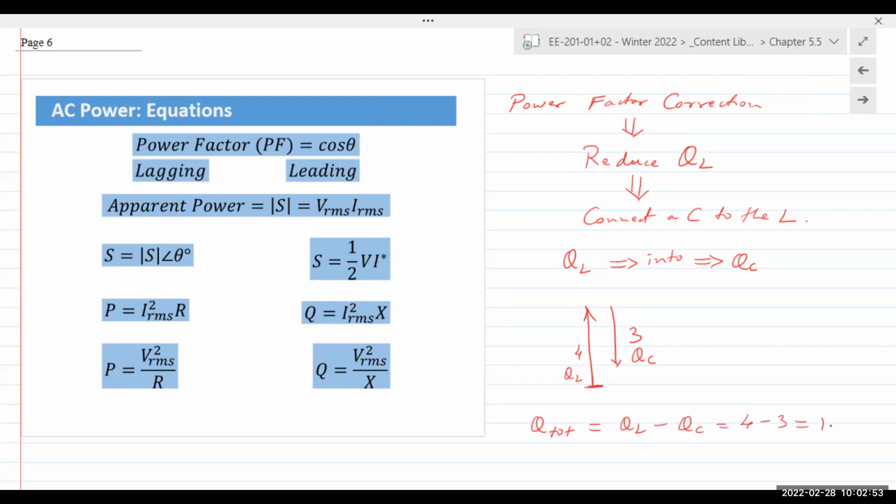You have now brought your angle down. So if QL was like this, and you apply QC in the opposite direction, you're closing the gap.